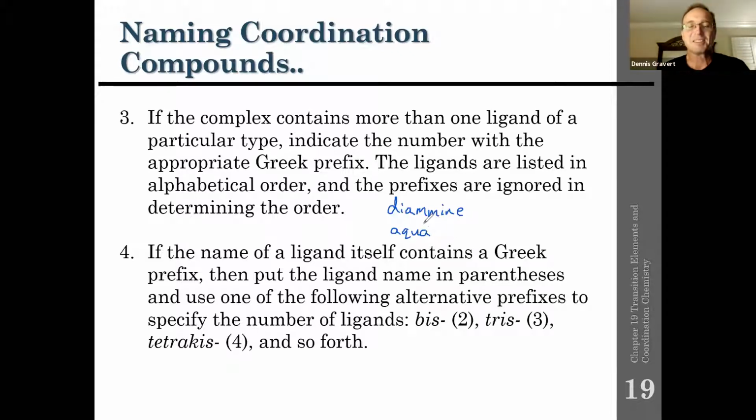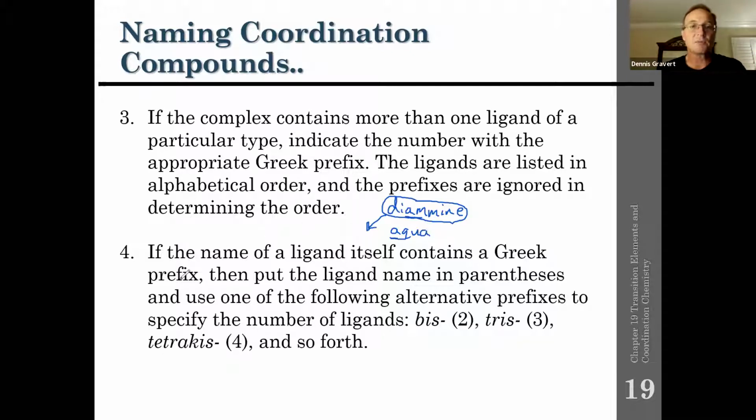I'll give that to you. You can just look on the sample test and get the name. Then it says put it in alphabetical order, but don't do it in terms of the prefix. You're going to alphabetize by the A, then break the tie with the next letter, M before Q. So this is going to go first in front of the aqua in the name. So don't use the di, tri, tetra when alphabetizing. The ligands go in alphabetical order, but not with the di, tri, tetra prefixes.